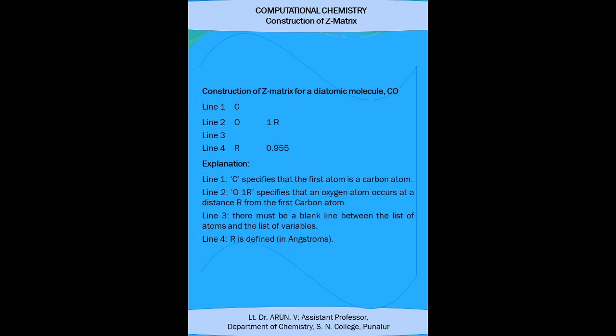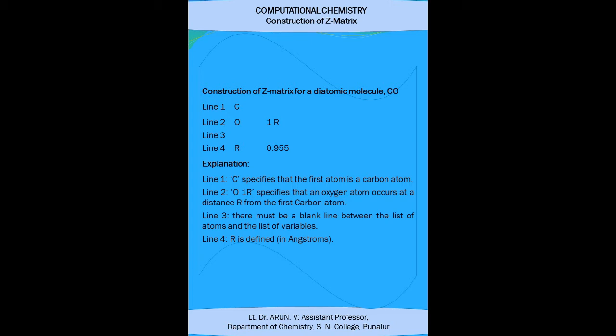Let us discuss the Z matrix for some molecules. First of all, consider a diatomic molecule, carbon monoxide, and this is represented by lines.